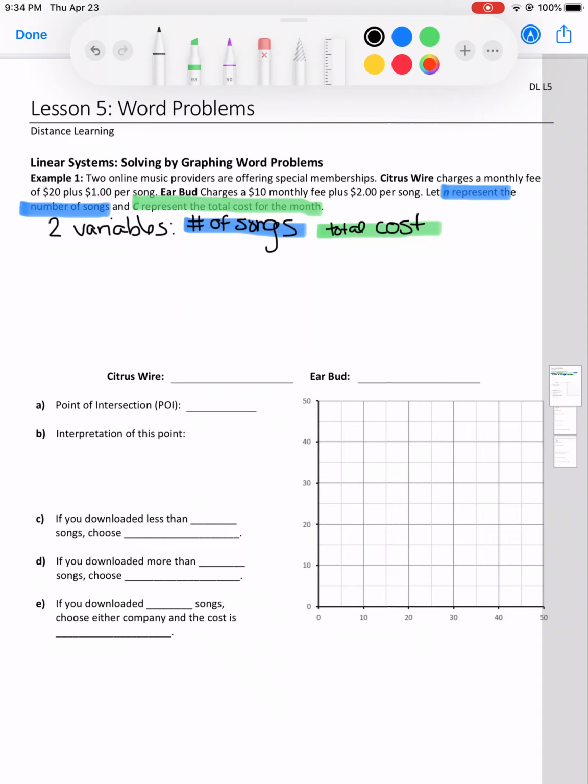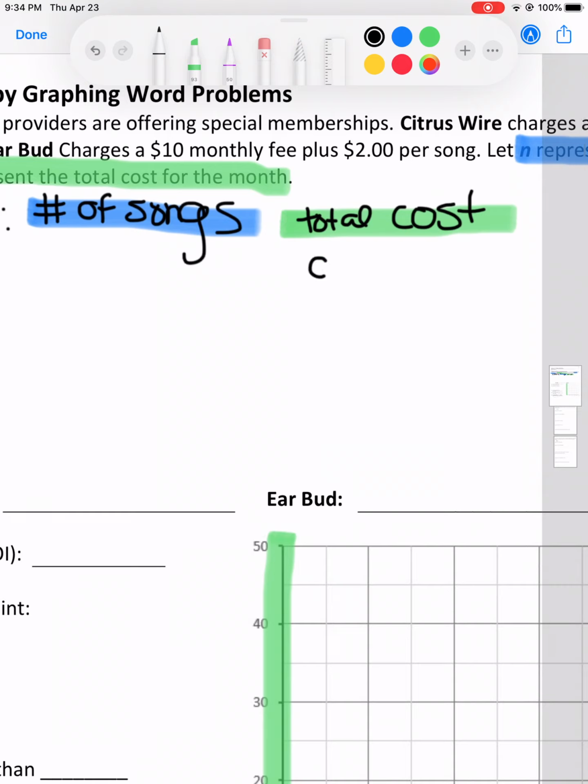I know, but we're not going to do it this time. So, does the number of songs depend on the cost, or does the cost depend on the number of songs? Well, our total cost depends on the number of songs. So that means my total cost is going to go here. That means this is my dependent.